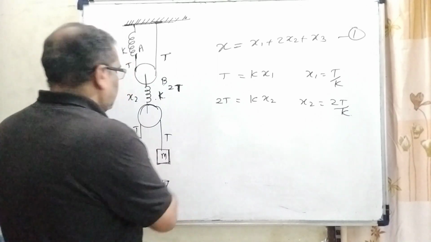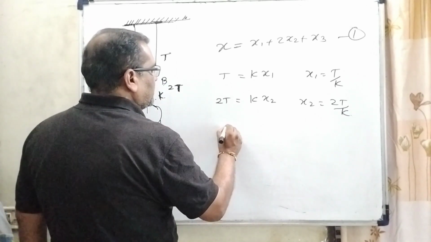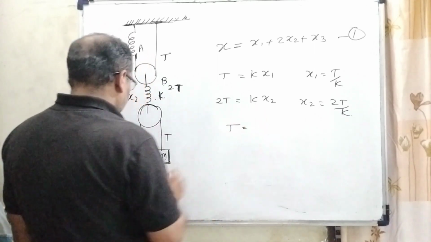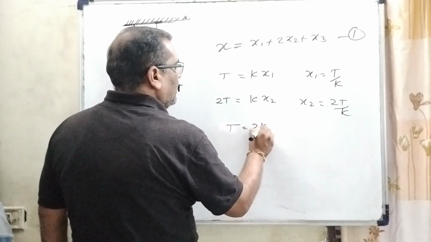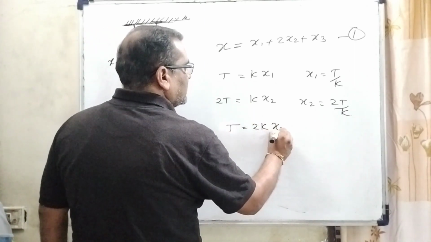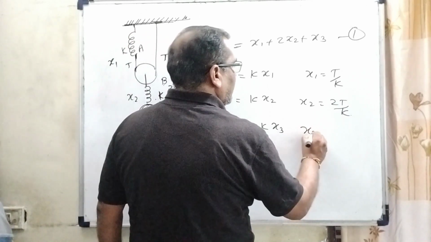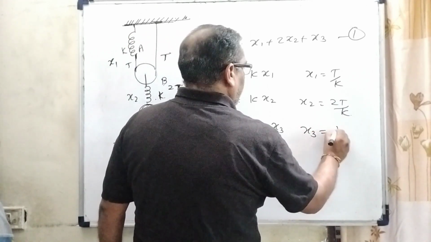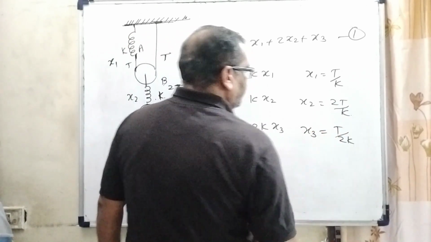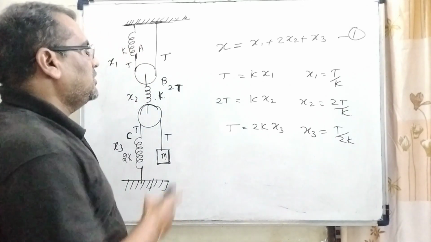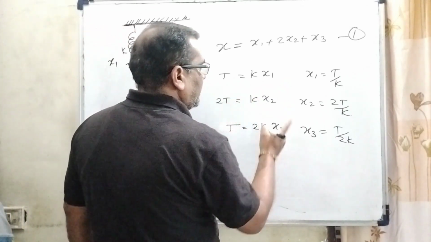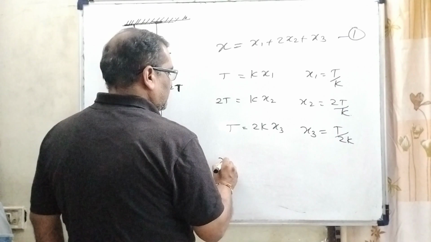And at C, again the tension is T, the spring constant is 2k, and the elongation is x3, so x3 can be written as T by 2k. Now substitute all these values of x1, x2, x3 in the first equation.